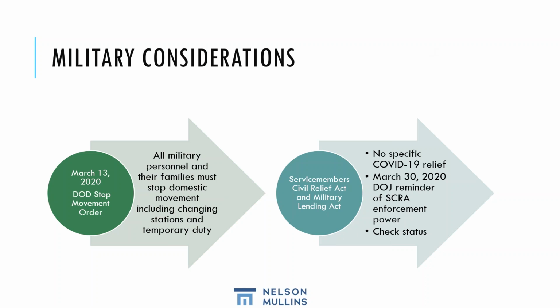The effects that they described are that if service members were about to move, they can't do that now. So there may be closings or rental agreements or other things that were about to happen that cannot now end, or they cannot begin. So pay attention to that, and the normal Service Member Civil Relief Act provisions will apply.